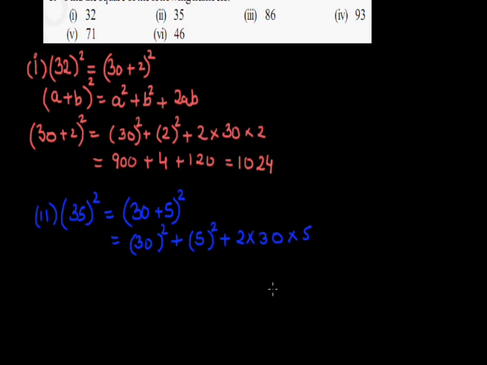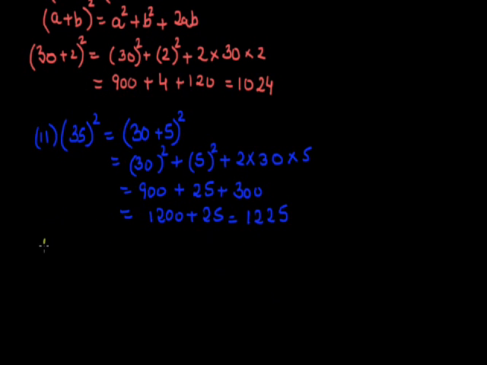Now I can further simplify it. 30 square is 900 plus 25 plus 300. So that will be equal to 900 plus 25 plus 300, that is 1200, plus 25, that is 1225. So the square of 35 is 1225.